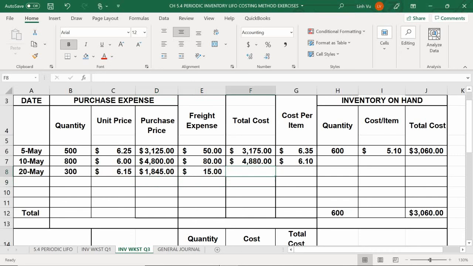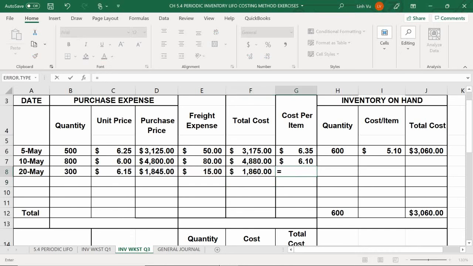Plus $15 of freight gives me a total cost of $1,860, which brings my total cost per item to be $6.20.